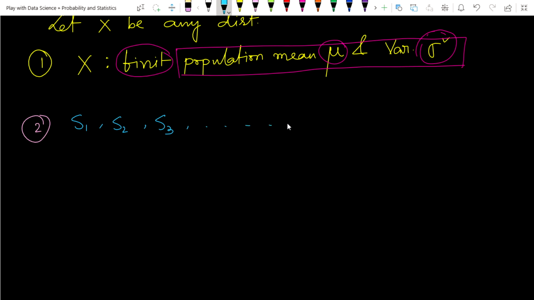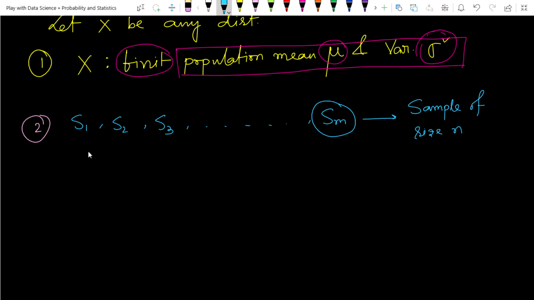We have collected m samples, each of size n, and we have to remember this.